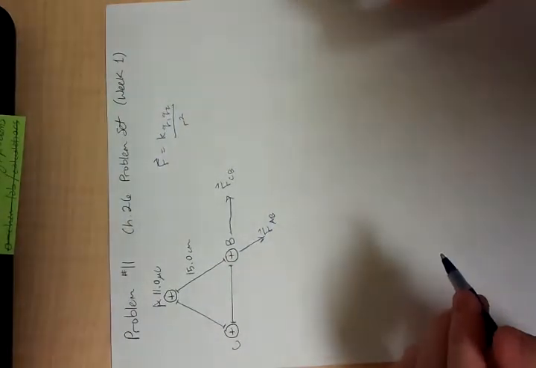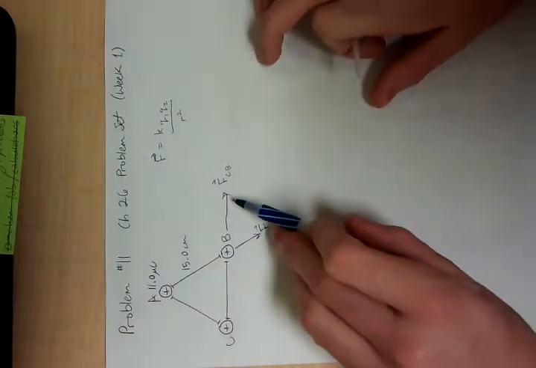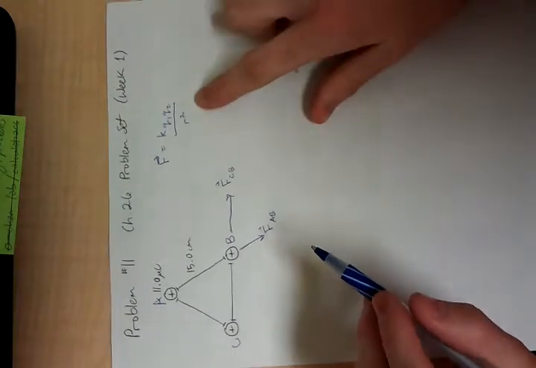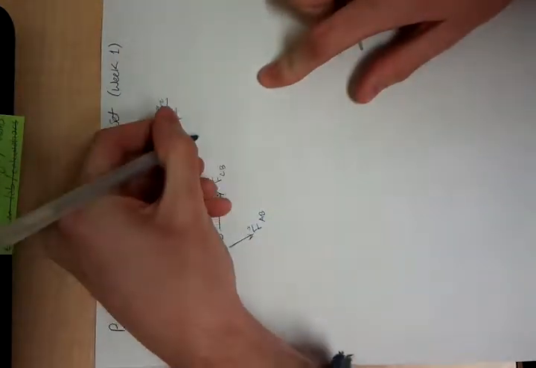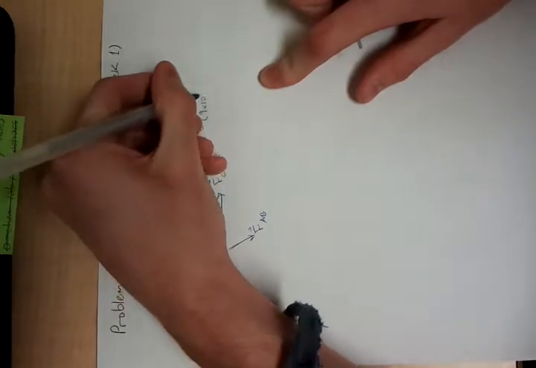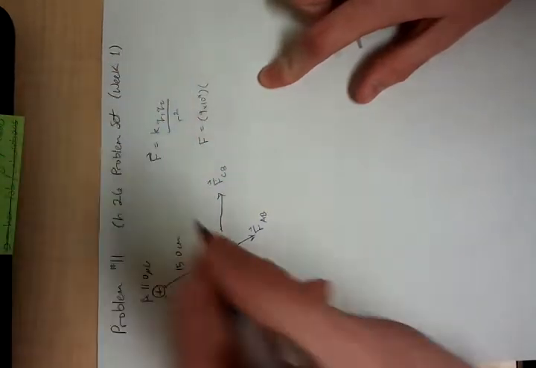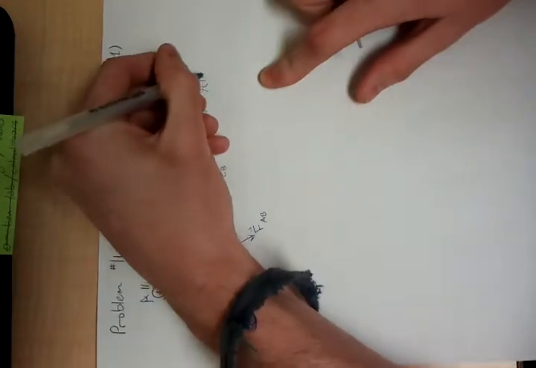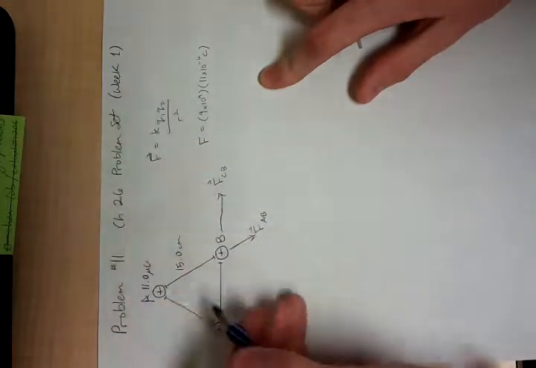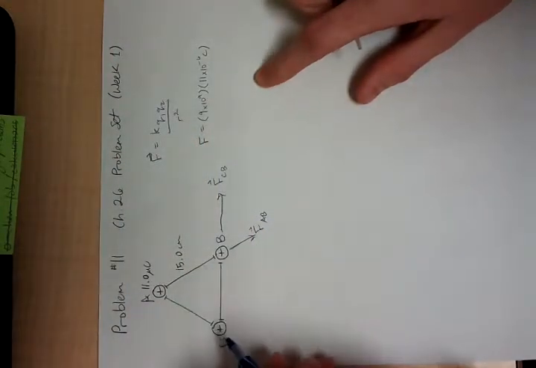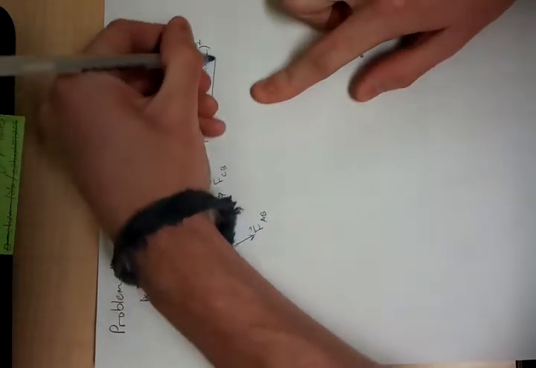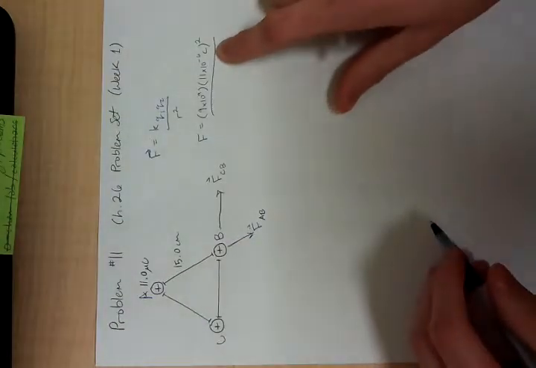So to begin, we need to find the magnitude of the 2 forces acting on charge B. To do that, we solve for the force using Coulomb's law. You can plug in the constant 9 times 10 to the 9th, times the charge on each of these, 11 times 10 to the negative 6th because it's in microcoulombs, but we want it in coulombs. Charges A and B, or C and B, have the same charge magnitude, so we can just square this value.